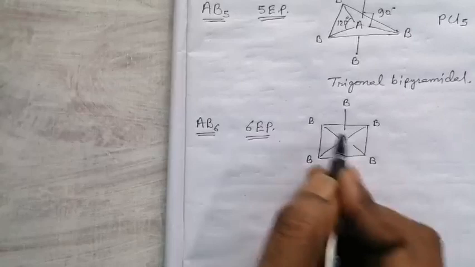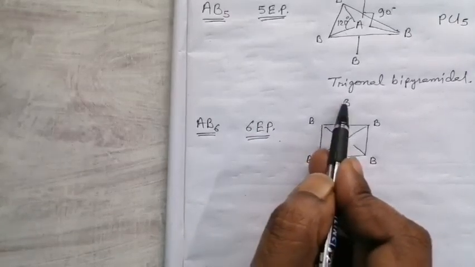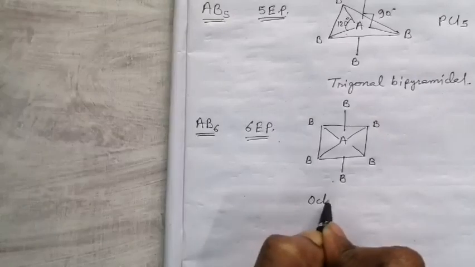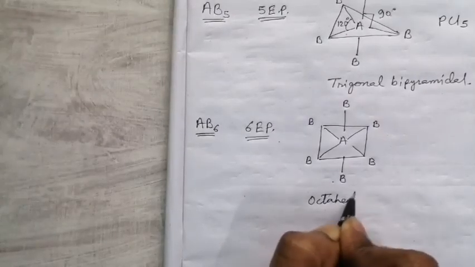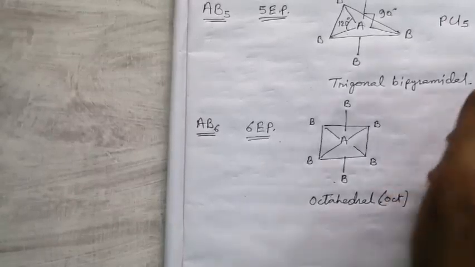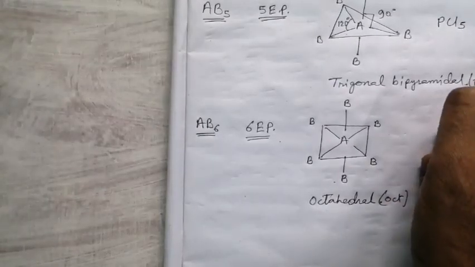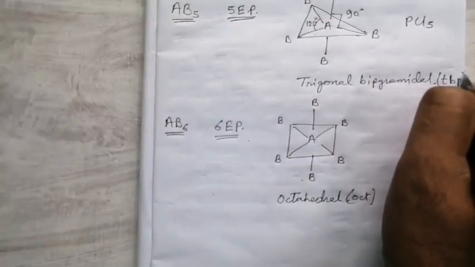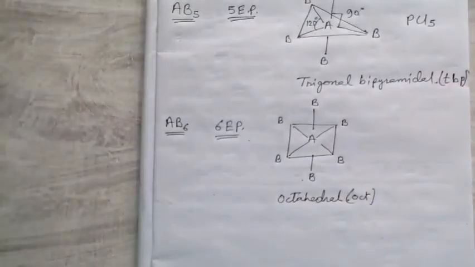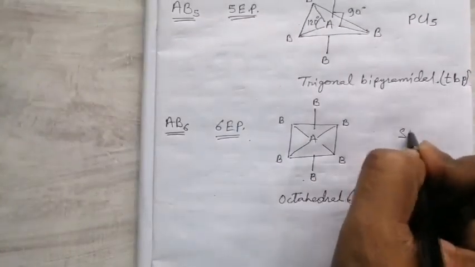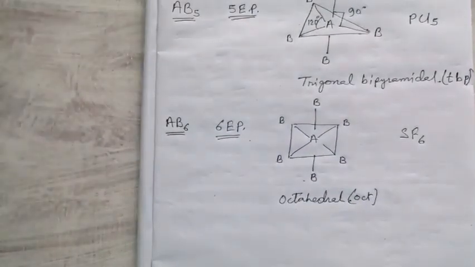In octahedral, there is a square base, and above the plane there is one B atom, below the plane there is another B atom, and this structure we call octahedral, often denoted by OCT, and trigonal bipyramidal is often denoted by TBP. Now example of such octahedral molecule, SF6.